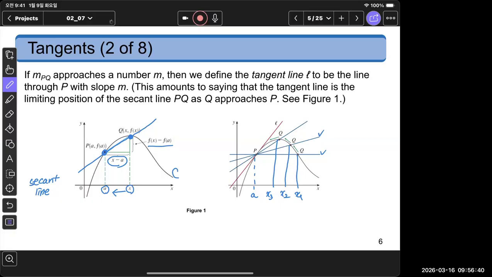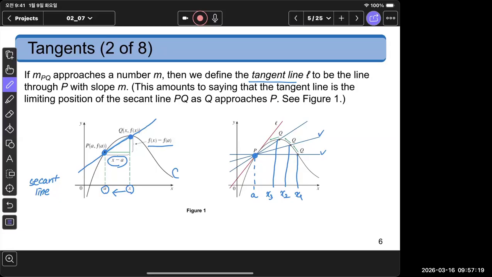This Q is approaching this point P on C, meaning that these secant lines seem to approach this red line, which has only one point of intersection with the graph. Such a line is called the tangent line, meaning that it is the line that touches the graph C, so since it touches, it does not intersect.